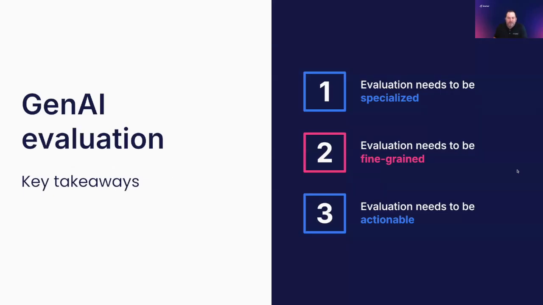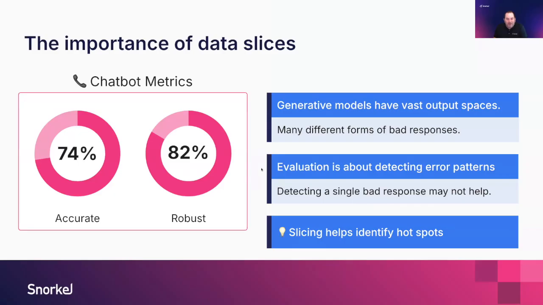The next part is fine-grained metrics, and here's a little example of a more primitive approach where say we had a set of reference prompt-response pairs. We do an evaluation of those, and someone says it's 74% accurate. It feels good, but you don't really know the consequences of the other 26%.